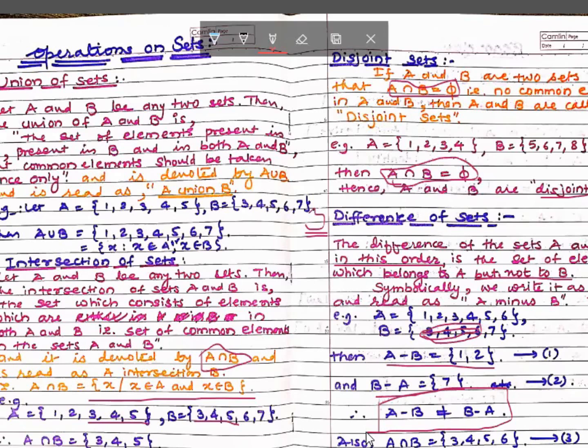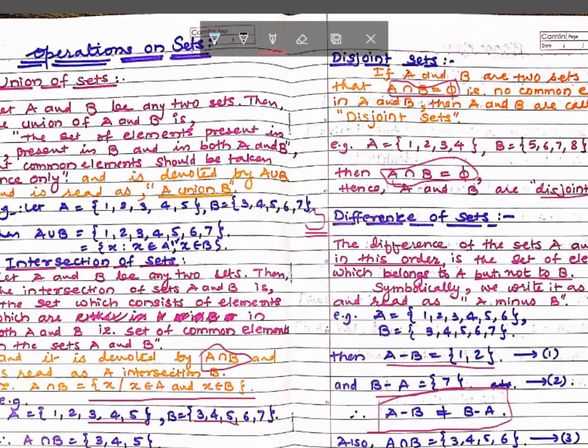Okay. Now let's find A intersection B. What is A intersection B? A intersection B, as we have seen earlier also, is the set of common elements. So let's see the common elements among these two sets. Which are the common elements? Again, as we have seen, 3, 4, 5, 6 are common elements. So we can write the intersection of the two sets as the set containing the numbers 3, 4, 5, 6.